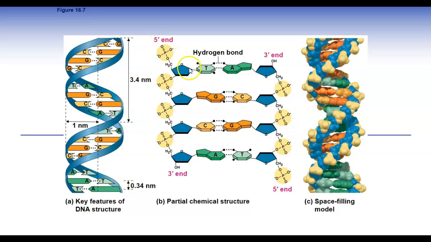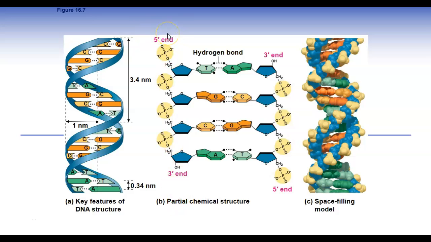Again, we can pay attention to that numbering of the carbons, where you're going to have a 5' end, meaning the 5 carbon, which is right here, attached to the phosphate group. It means the other end will always be the 3' end. And why it's called the 3' end is because the 1, 2, 3, the third carbon is right here on the very end.